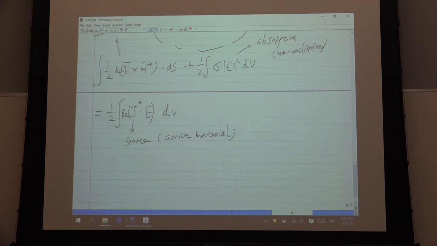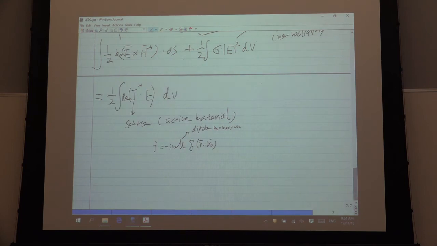From a very simple relation, J here is equal to minus i omega mu, where mu here is the dipole moment, times delta of R minus R0. This is the point dipole.